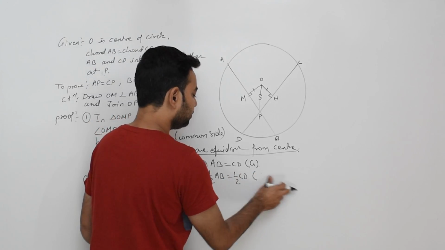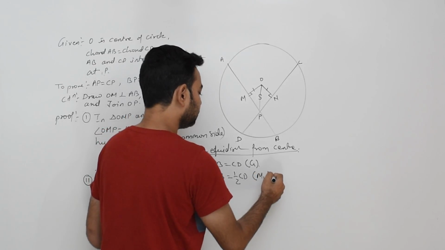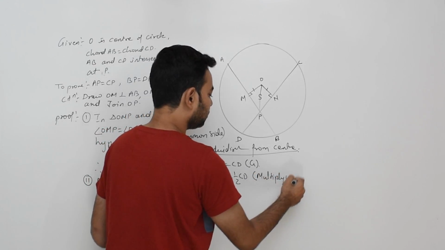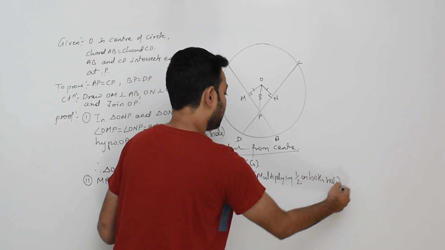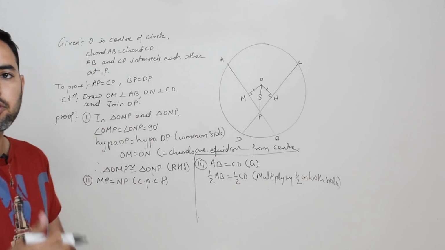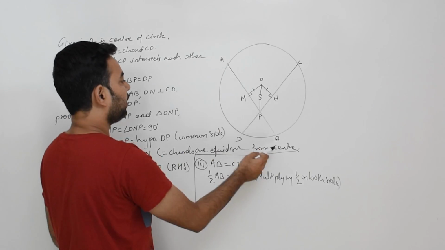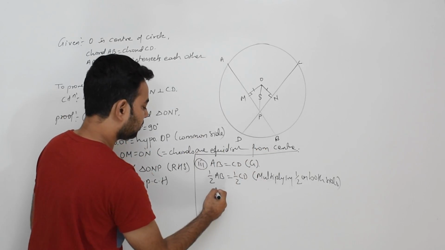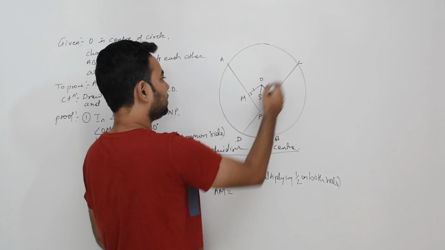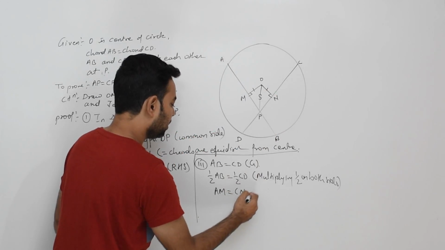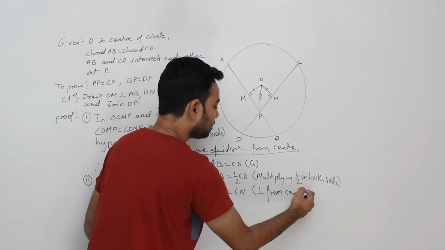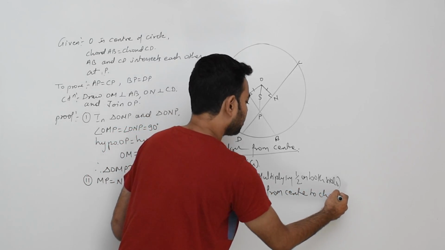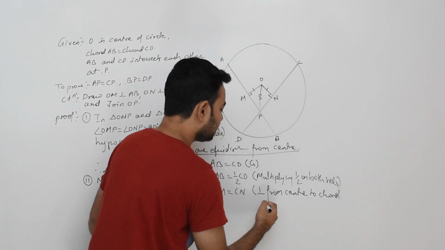Multiplying half on both sides. So half of AB is what? Half of AB is AM and half of CD is CN, because perpendicular from center to chord bisects the chord.